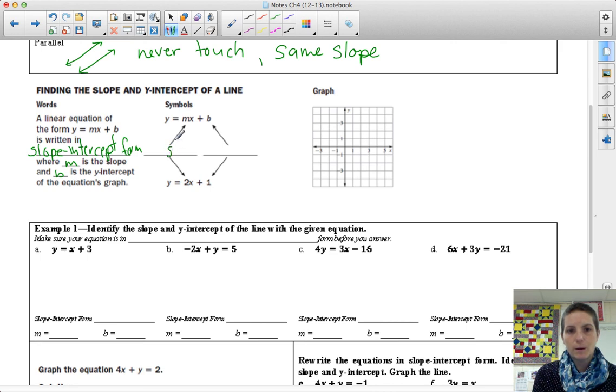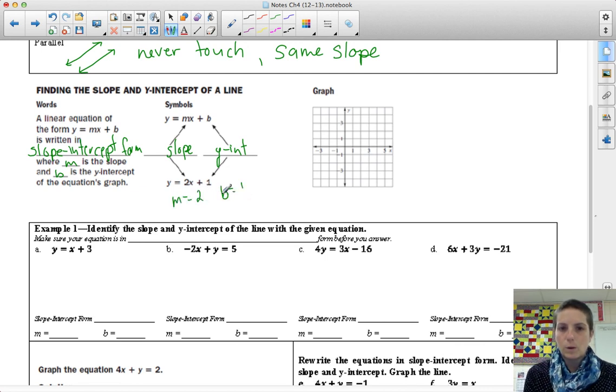So just like we wrote up above, slope and y-intercept.